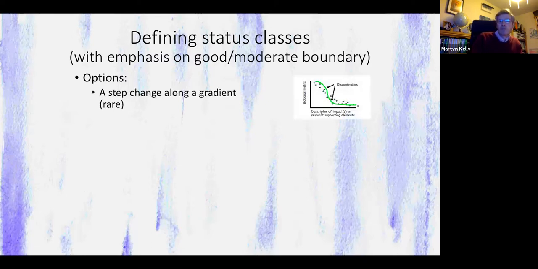The first of these was, look at your ecological gradient and look for step changes along it. We had some vigorous discussions over the summer. Jan Stevenson's a big fan of step changes along a gradient, and it does make intuitive sense. If you've got a step change, then you probably should be using it. Trouble is, when we define types very broadly, it's difficult to find step changes that are robust enough that you're not going to be plagued by false positives and false negatives.